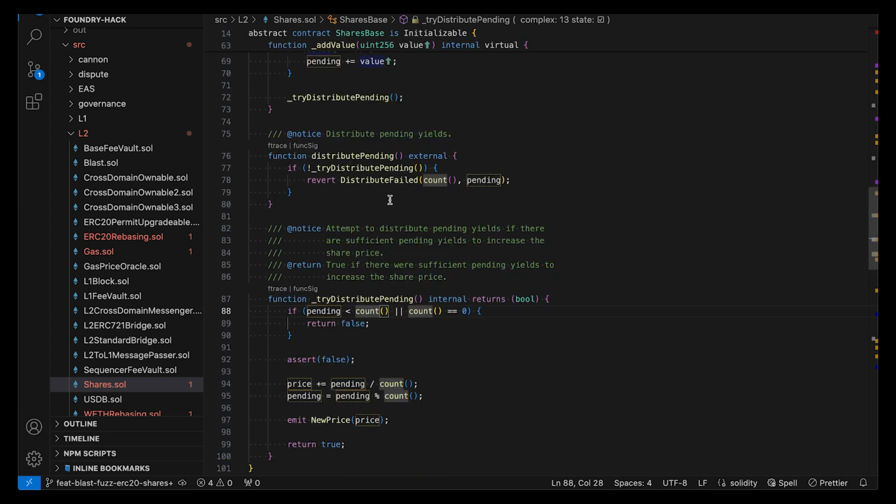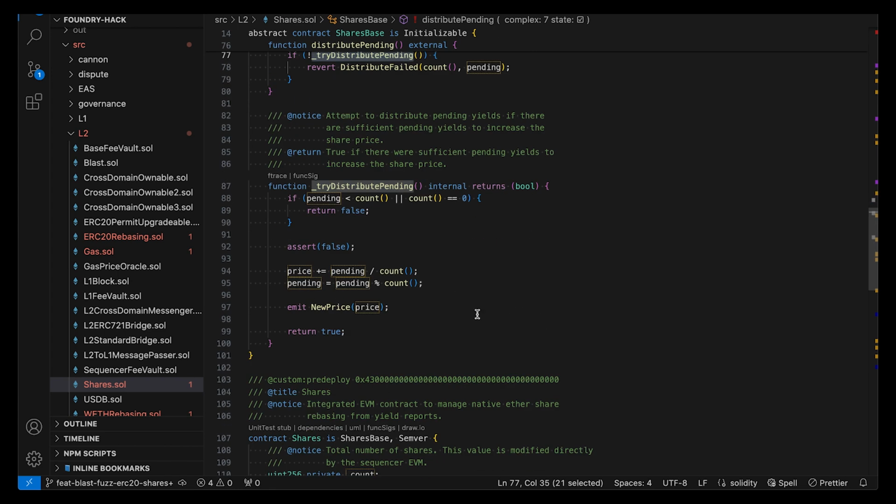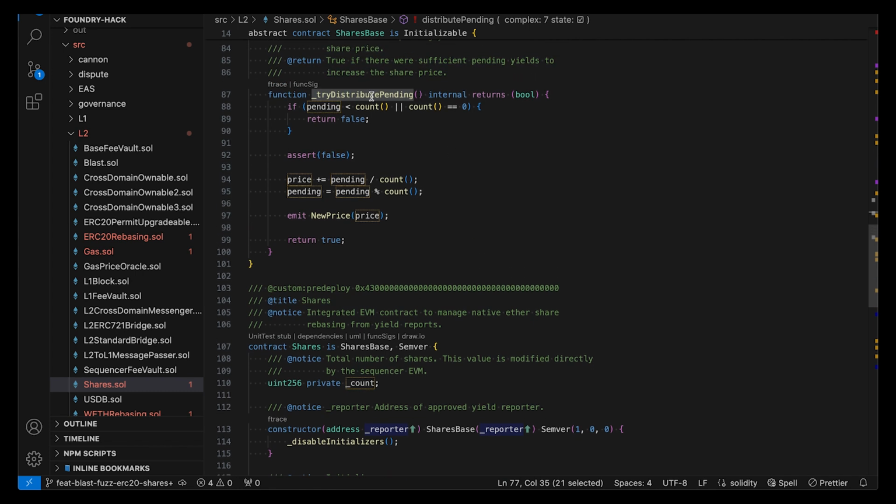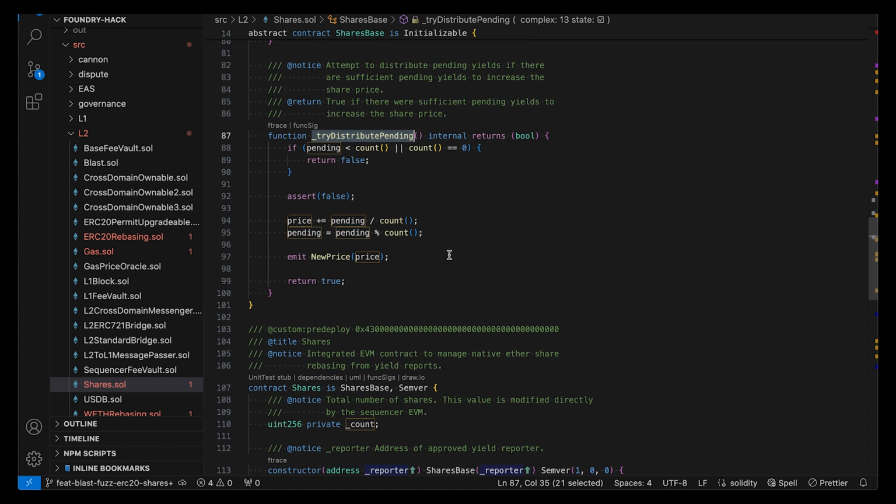But fundamentally, looking at distribute pending and seeing how it could potentially fail also led me to believe that we could perhaps increase our shares, then cause the redistribution to happen, and in that way we could socialize some yield, or basically steal some yield, because we got the button to cause a redistribution.